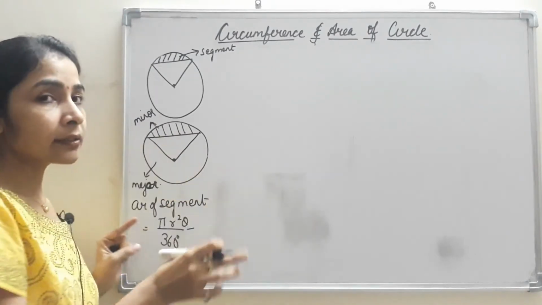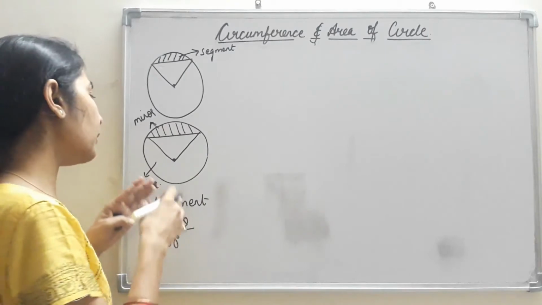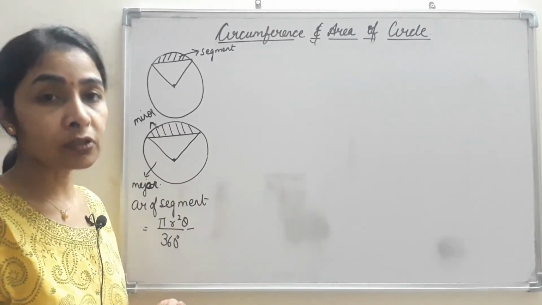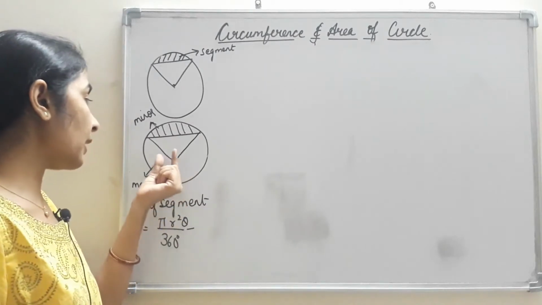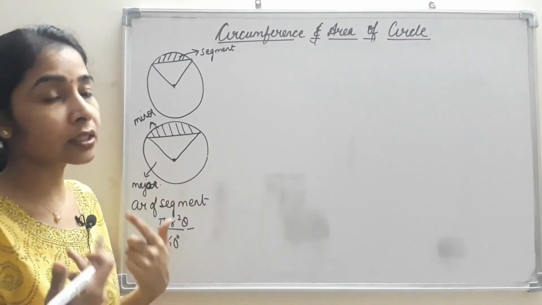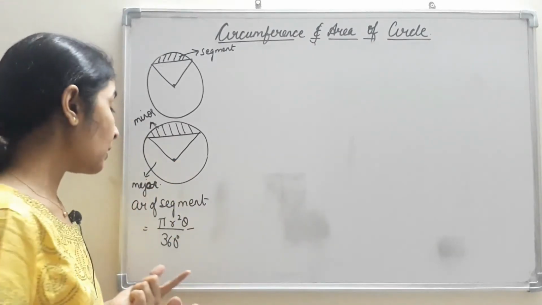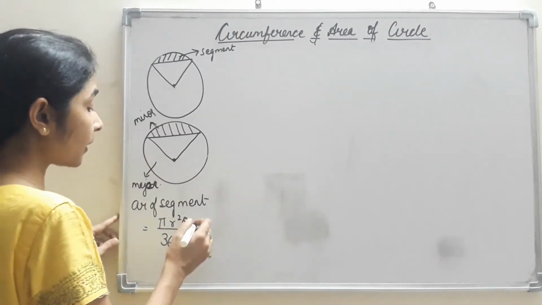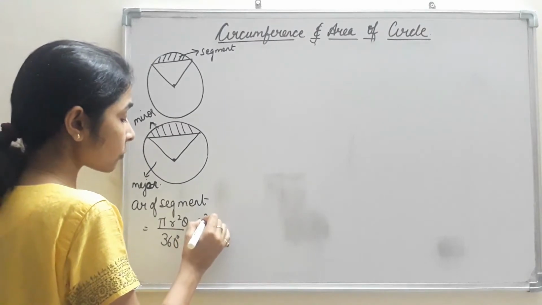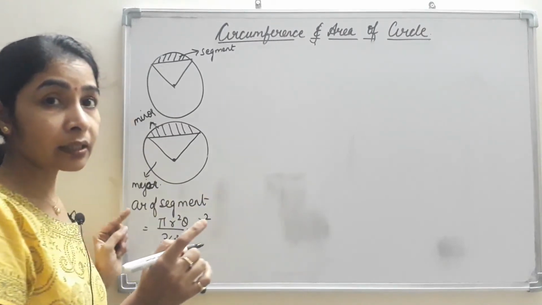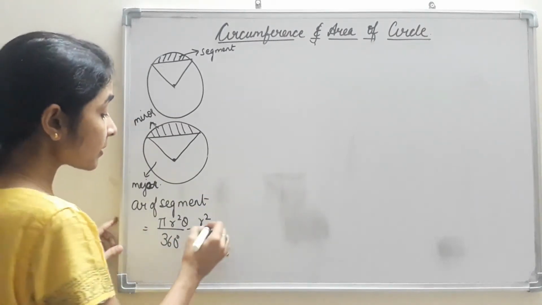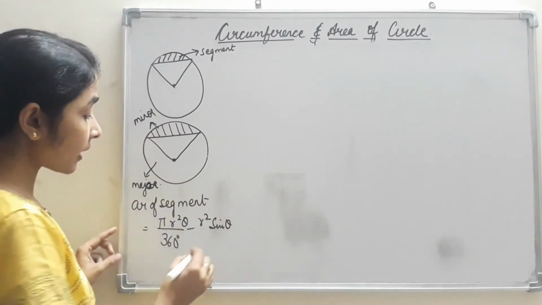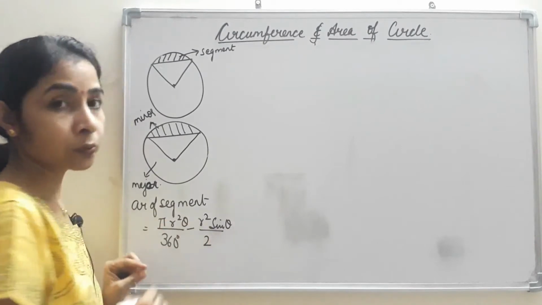In finding the area of the triangle, if it is a right angle triangle, then we can use half base into height, but it is not necessary. The central angle can be 60 degree, 30 degree, whatever it can be. So based on it, we have involved trigonometry also in this, and we have got the formula as r square sine theta upon 2.